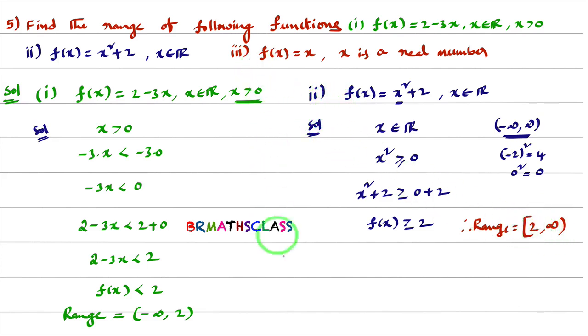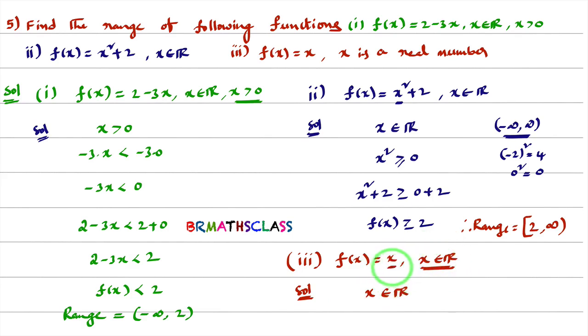Now we'll see the solution for the third bit. They gave this information: f of x is x, where x is a real number. We need to find the range of this function. The range of the function is nothing but the values of f of x. It is a very easy bit.